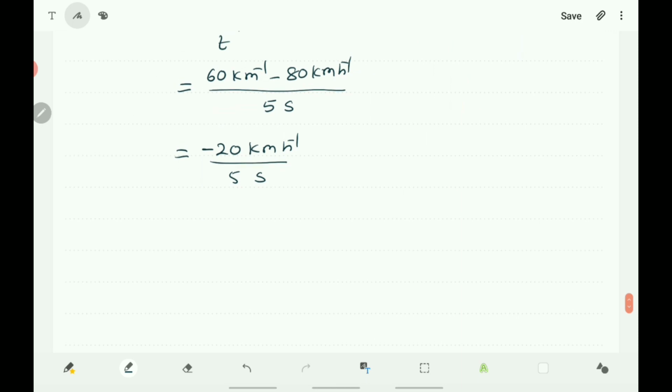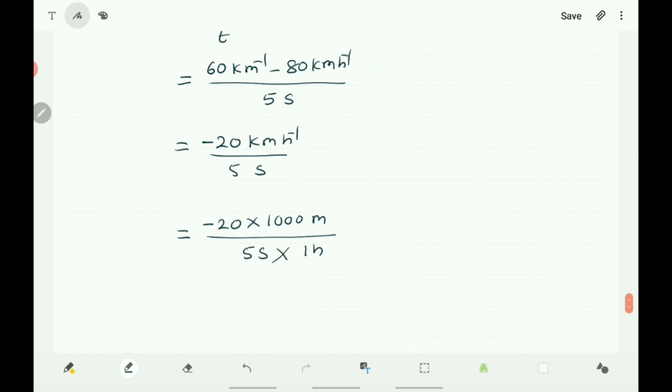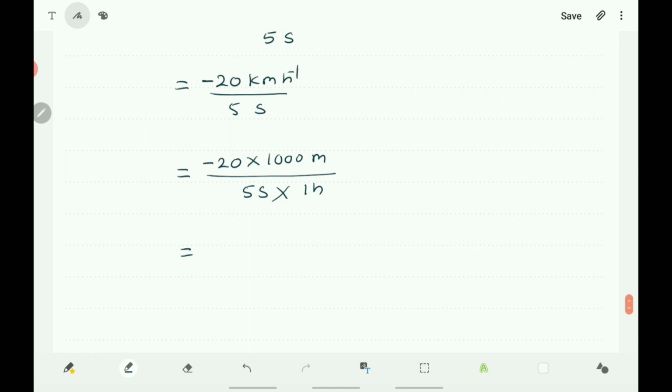Here it is kilometer per hour, so you convert this into meter per second. It becomes minus 20 kilometer, that is minus 20 into 1000 meter per 1 hour, divided by 5 seconds. 5 ones are 5, minus 4.